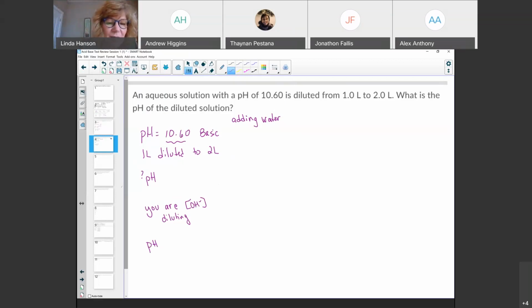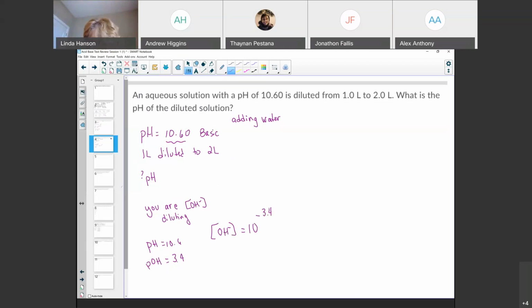So if pH is 10.6, the pOH is really what I'm diluting. And that's 14 minus 10.6, which is 3.4. So the concentration of hydroxide is 10 raised to the negative 3.4 units. So I took my pH, converted to pOH, and I'm working out to find the concentration of the base ion.